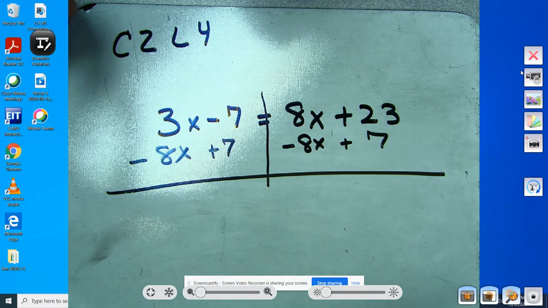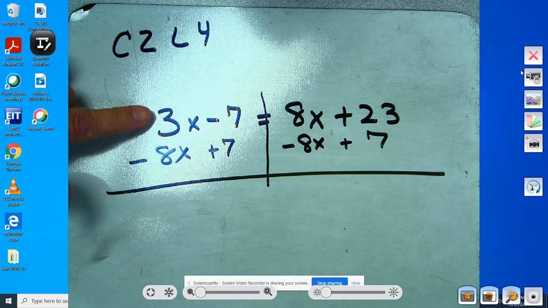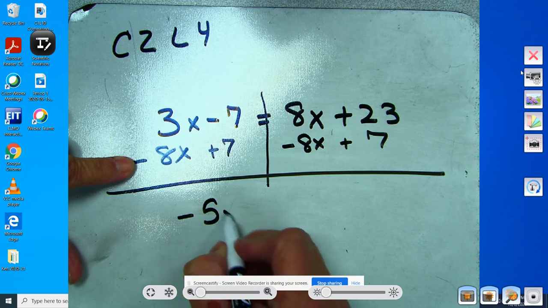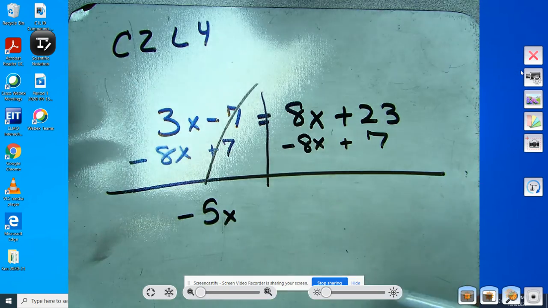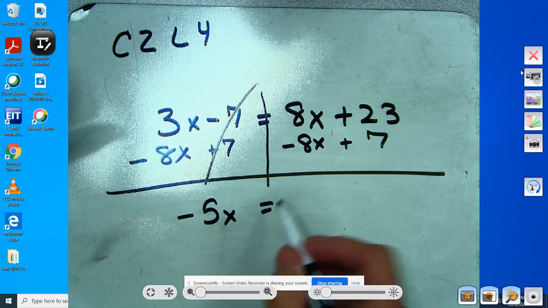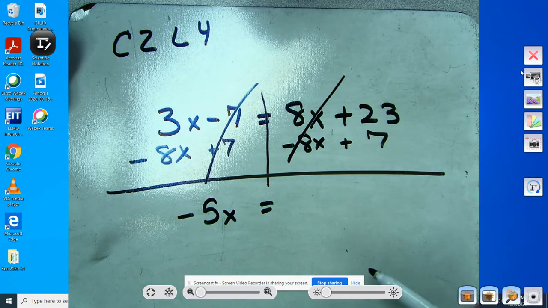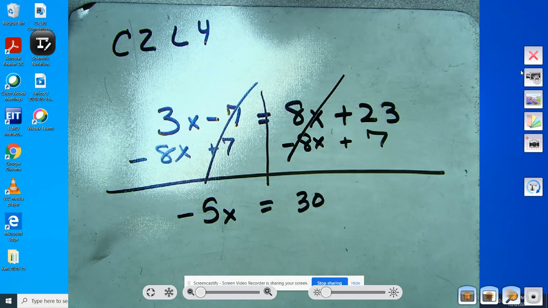Now when I add the two lines together, I will have variables on one side and constants on the other. So +3 and -8 is -5x. -7 and +7 cancels out. 8x and -8x cancels out. 23 plus 7 equals 30.